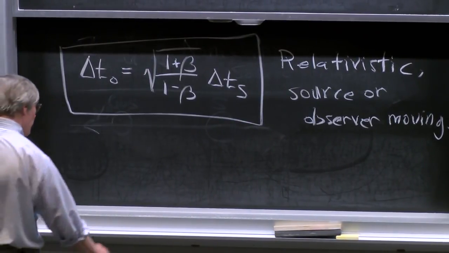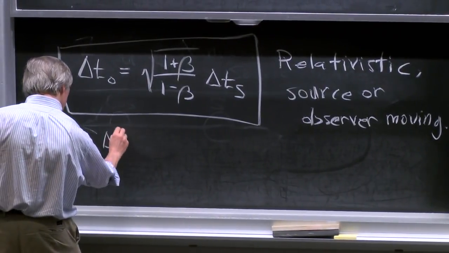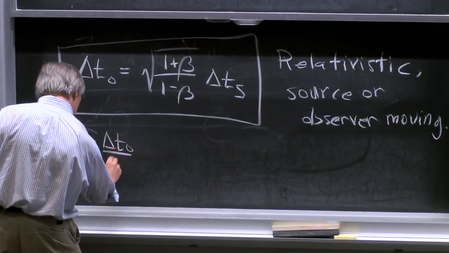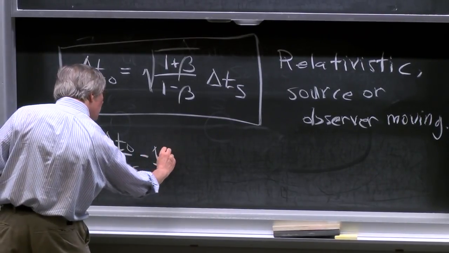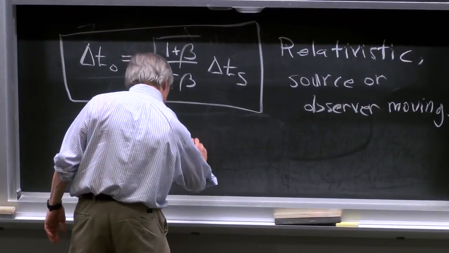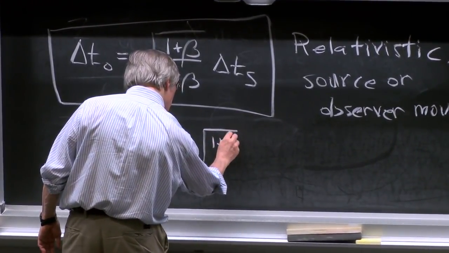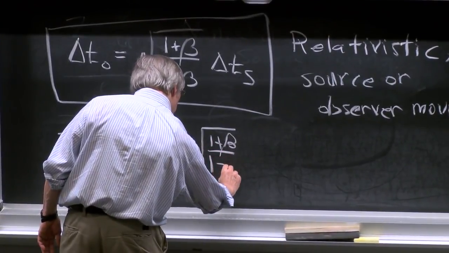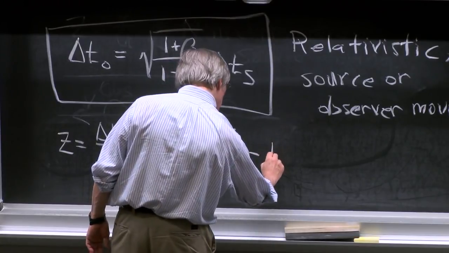And then if we want to write down what z is, it's delta t observer divided by delta t source minus 1. So that becomes just the square root of (1 plus beta) over (1 minus beta), minus 1.